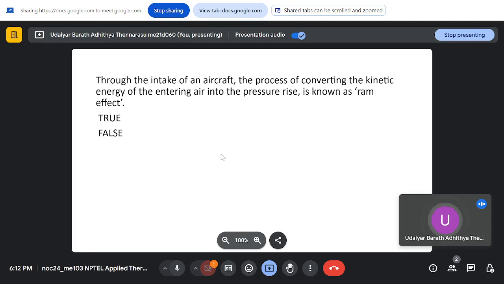You have a diffuser at the inlet, so you're converting that velocity into a pressure rise. You're reducing the velocity, and because of that there's an increase in pressure. This effect is called the ram effect. The question says the same: the kinetic energy is getting converted into pressure. So the answer is true.